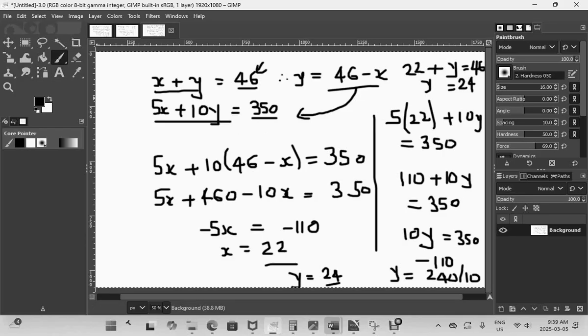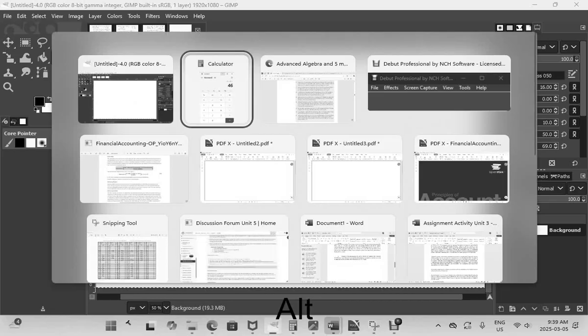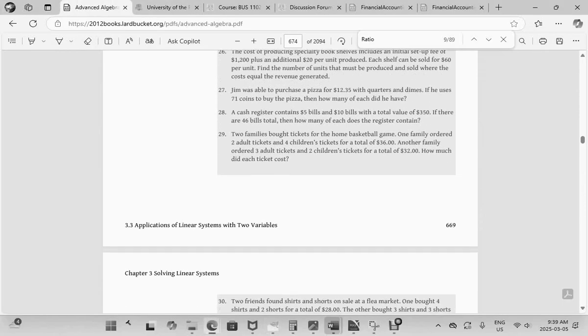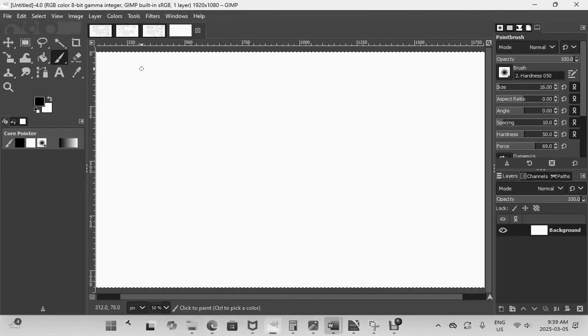All right, so moving on to example number 2. We have a campus bookstore selling graphing calculators for $110 and scientific calculators for $16. So this is 110x plus 16y. We don't know how many of each, but we do know the price is 110 for graphing and 16 for scientific.